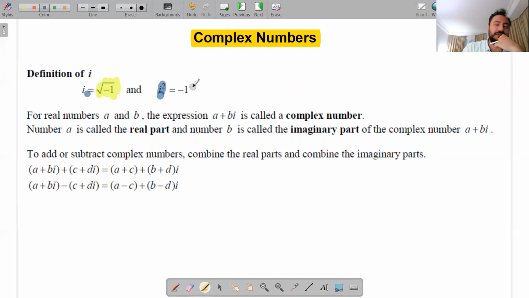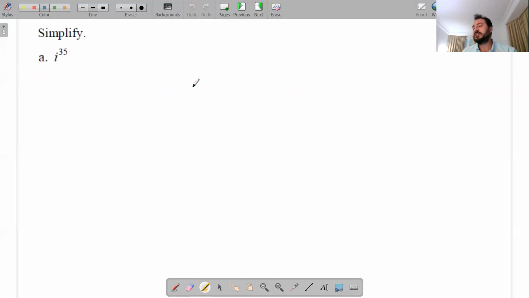Let's see what I'm talking about. And I want to show you all the possible cases you run into. For example, what if the SAT asks you to simplify i to the power of 35? What do you do? Well, in this case, you take into consideration all the exponential rules, power rules that we've studied so far.